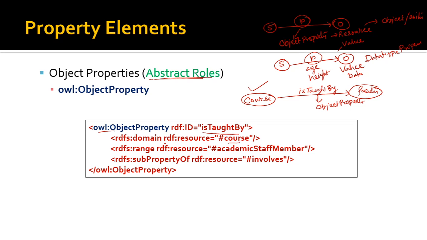And also we are saying that this particular property is taught by is a sub property of another property involves, right? And we know the semantics of sub property as we have studied in the RDFS vocabulary, right?